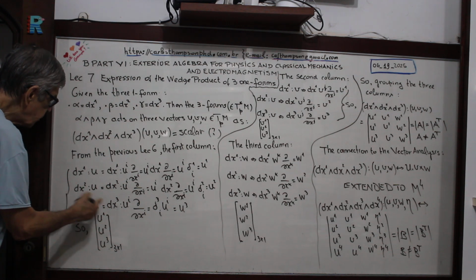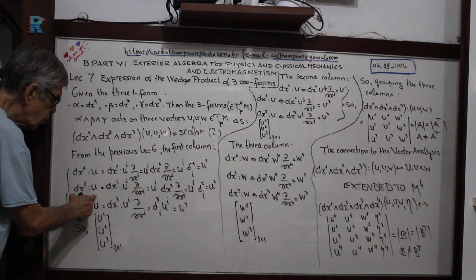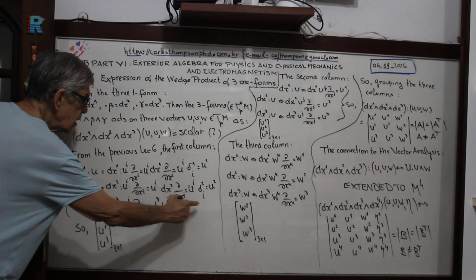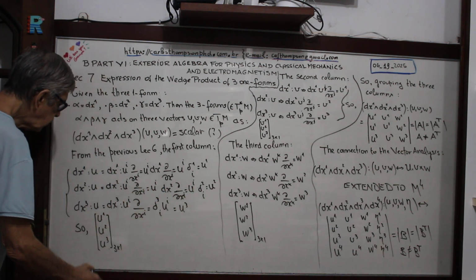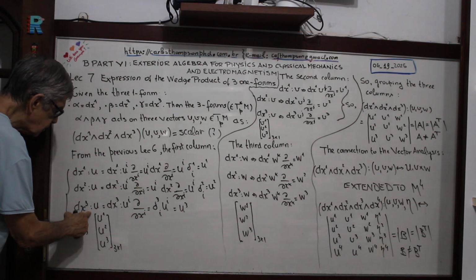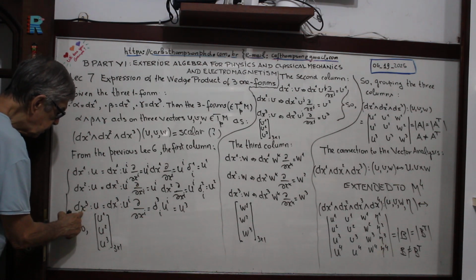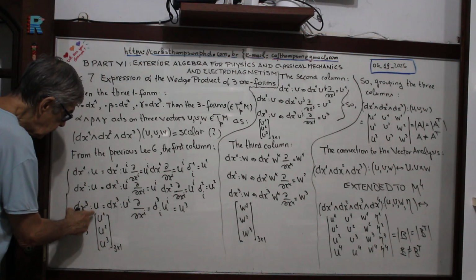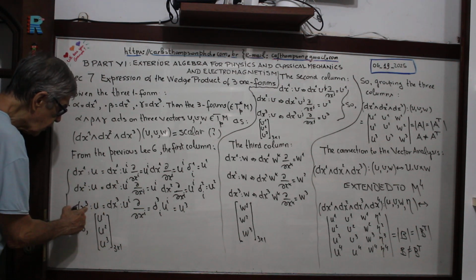Likewise, dx2 acts on u, the same u. You see, this will follow here. This is u2. dx3 acts on u. dx3 belongs to the cotangent vector space. The u belongs to the tangent vector space.